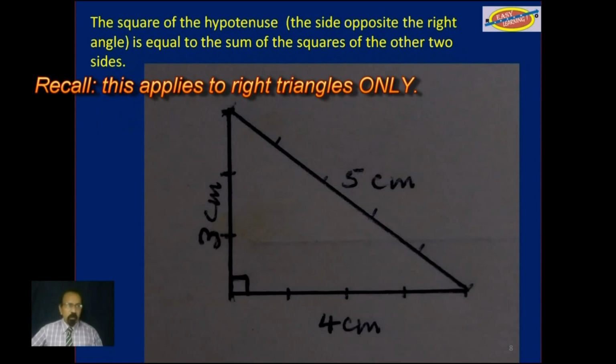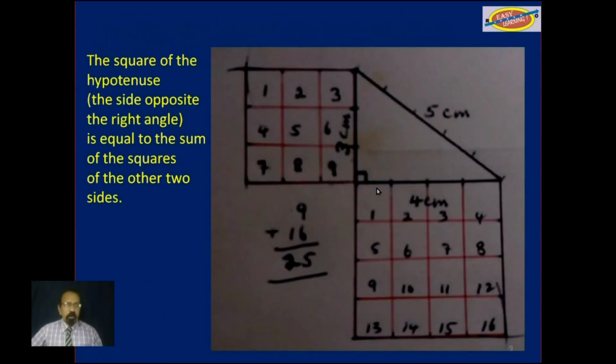So if you have a triangle like this, the side down here is 4 centimeters, this one is 3, this one up here must be 5 based on Pythagoras theorem. Remember that side there is the hypotenuse. If you square this side here, we have 16 square units.